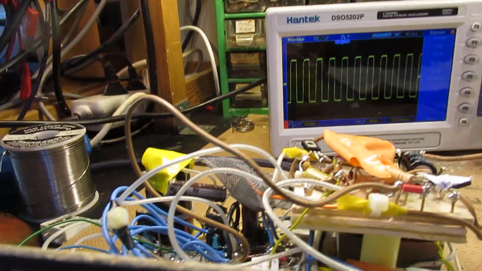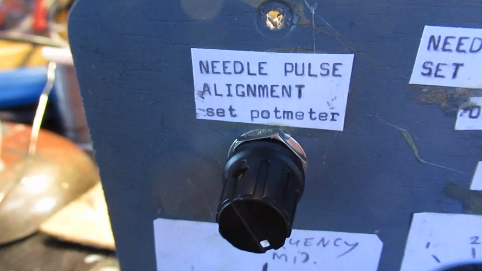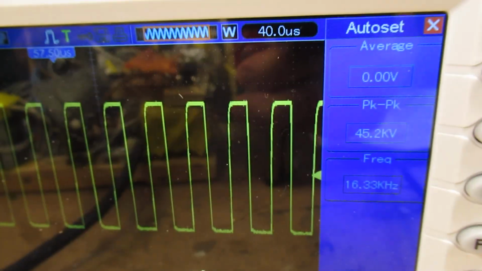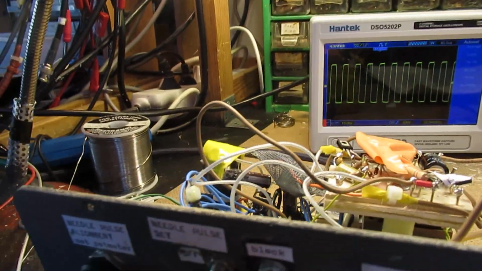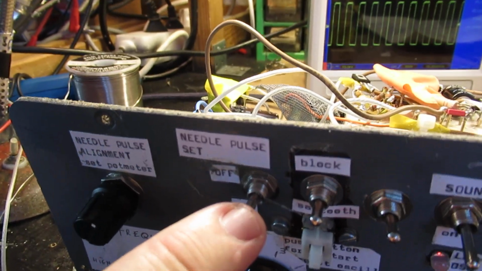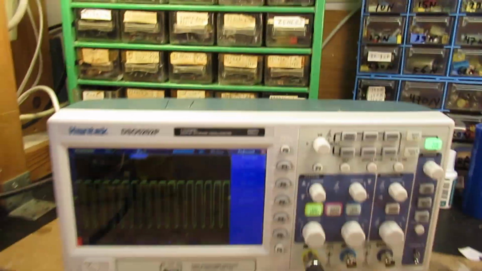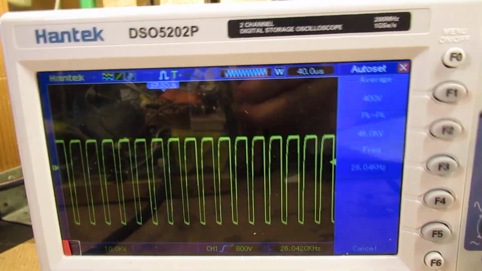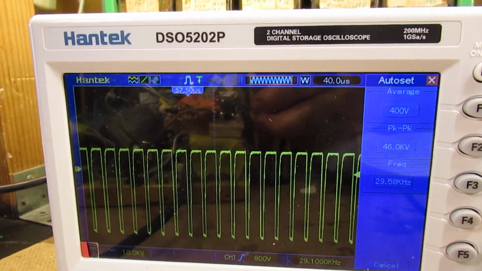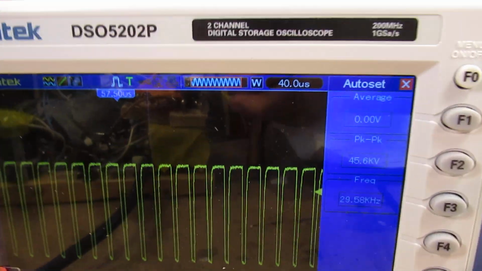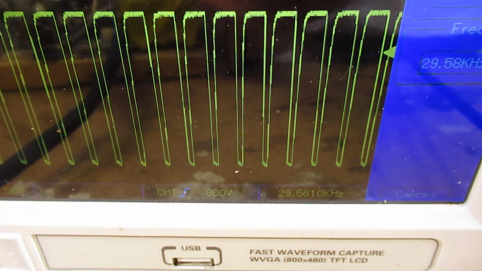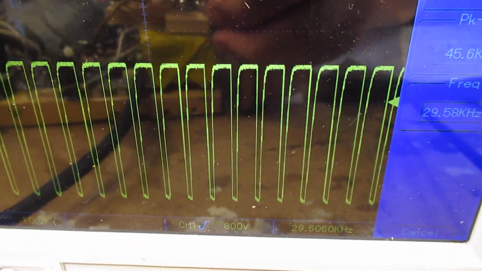because we have here a so-called needle pulse alignment setting potentiometer, and you can use that when you switch it on here, and then we have needle pulses. And these needle pulses go higher, they go to 29 kilohertz.